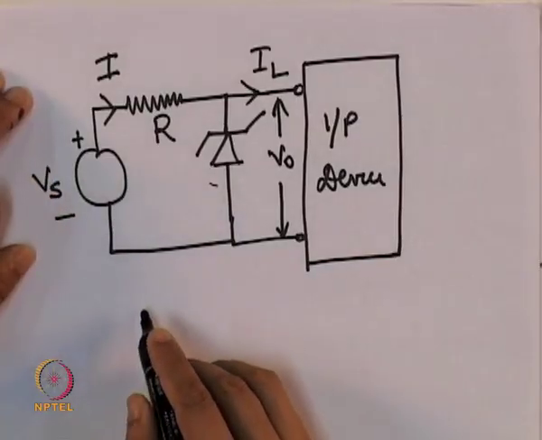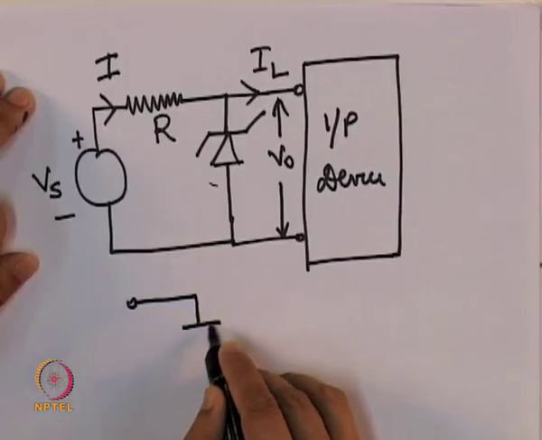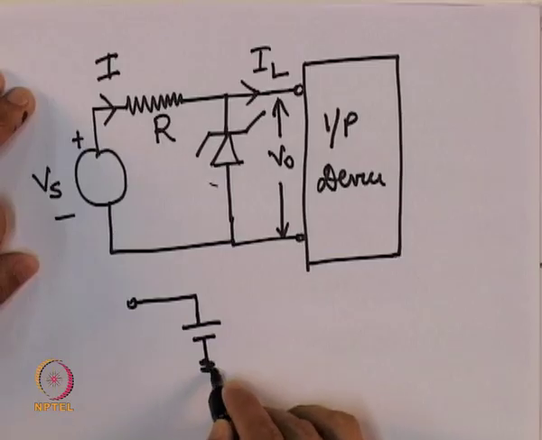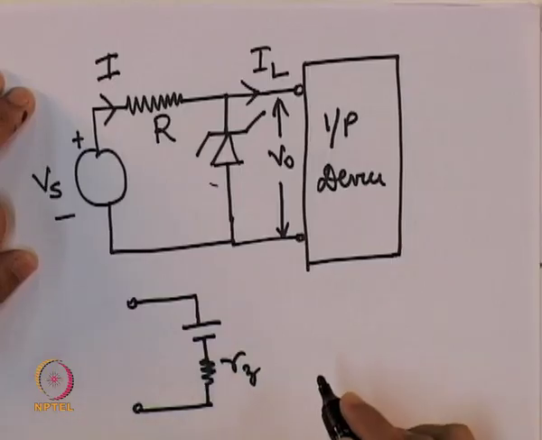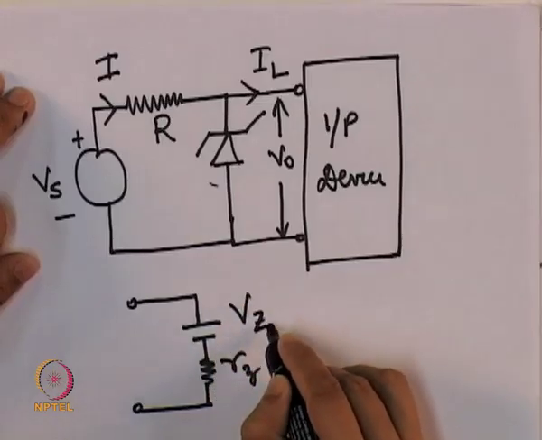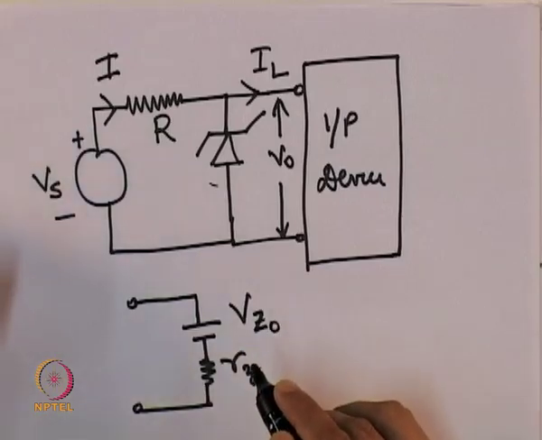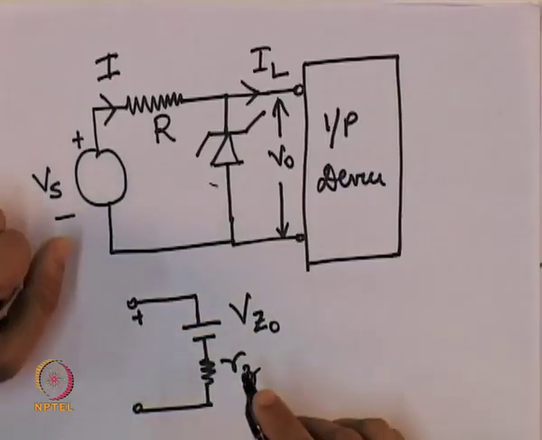Now, the equivalent model of this Zener diode, based on the characteristics that I just showed, can be represented like this. There is an internal AC resistance RZ, and there is a voltage source VZ0 representing the threshold voltage.